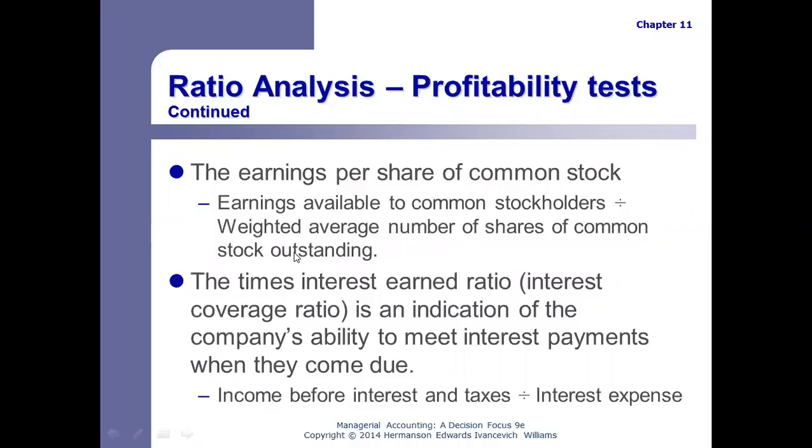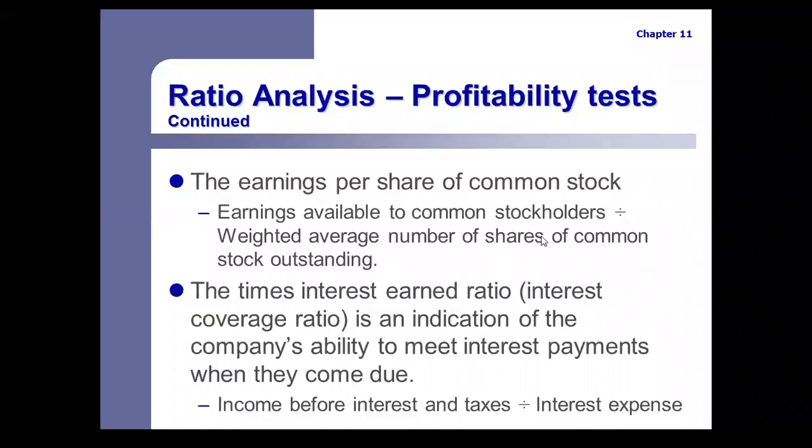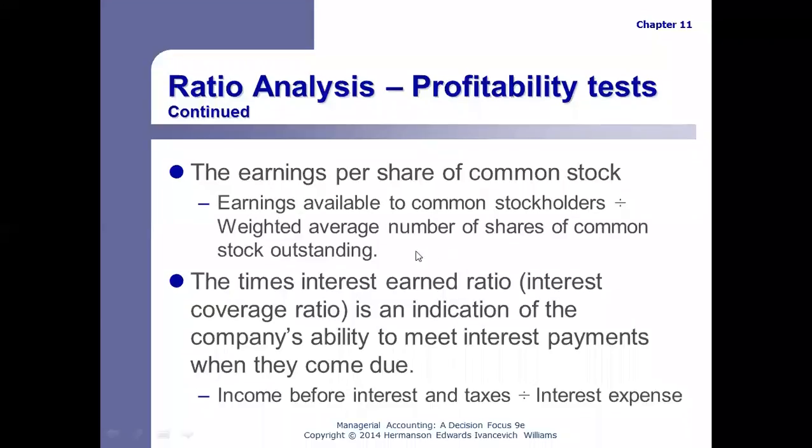The reason it's called weighted average is that if the number of shares of common stock changes during the year, you have to take a weighted approach. So for example, if you had 100,000 shares for half a year, that's equivalent to 50,000.